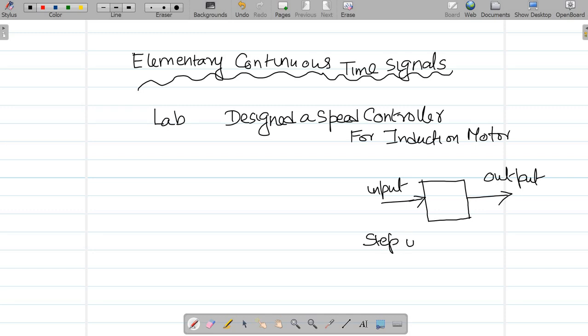or a DC input that can be given to the motor drive, or it could be an AC sinusoidal input. We can have other types of inputs also, let us say a ramp input.